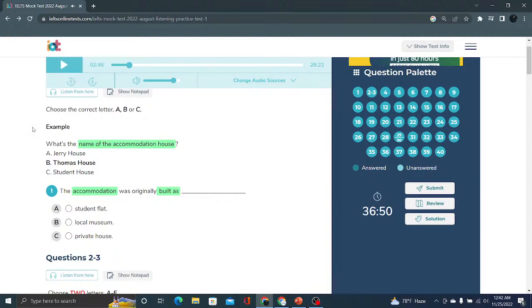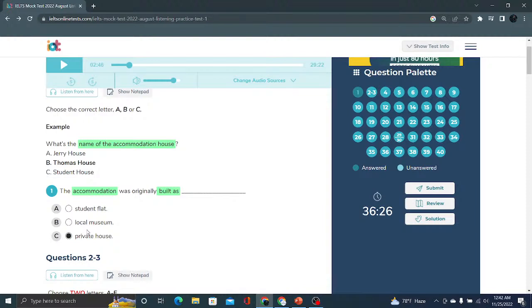The answer would be C, because she was saying that the building was constructed in the middle of the 18th century and was used by the family of Thomas.